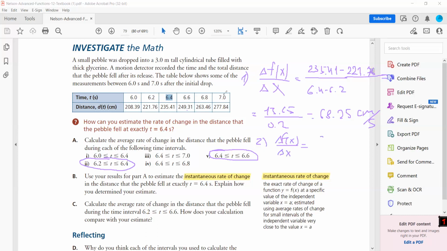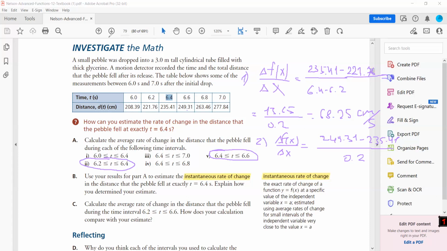It would be the interval of 6.4 and 6.6. And the 6.6 value is 249.31 subtract 235.41, and again the step would be only 0.2 of a second, so we divide by 0.2.